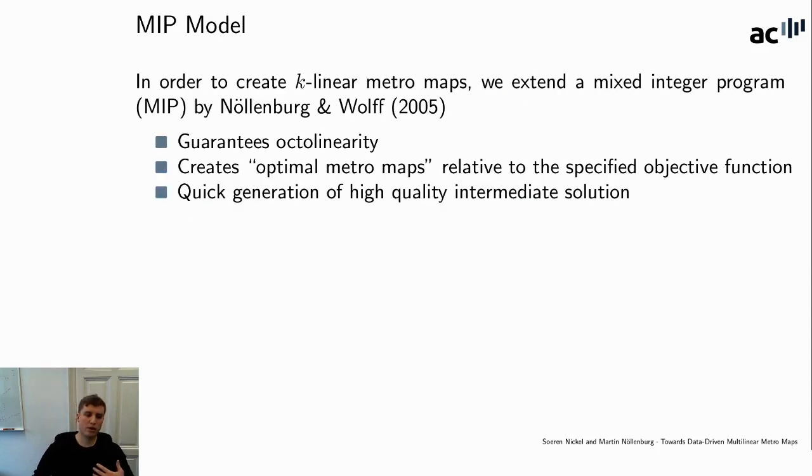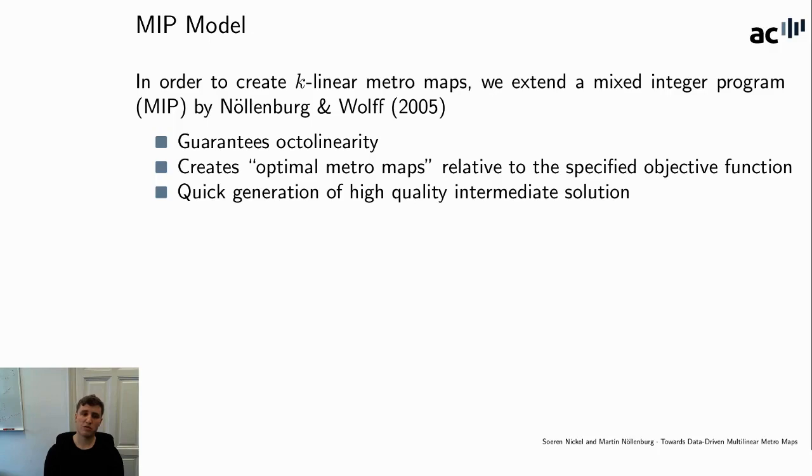Okay, so now we have seen what the qualities are that we want to have in a metro map, but what's the method that we use to compute them? We built upon an already existing mixed integer program, which was built by Nöllenburg and Wolff in 2005, and we extended it to be able to generate metro maps in different linearity and also to incorporate other orientation systems than just the 4-aligned orientation system.